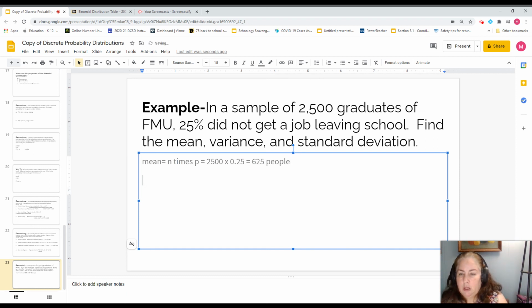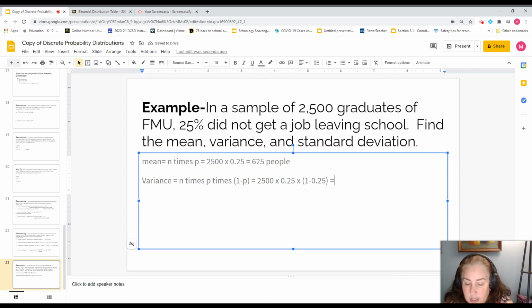Now, the variance is almost as simple. It's N times P times 1 minus P. So you're simply going to do 2,500 times 0.25 times 1 minus 0.25. All right, so if I put that in the calculator, I've got 2,500 times 0.25 times 1 minus 0.25.